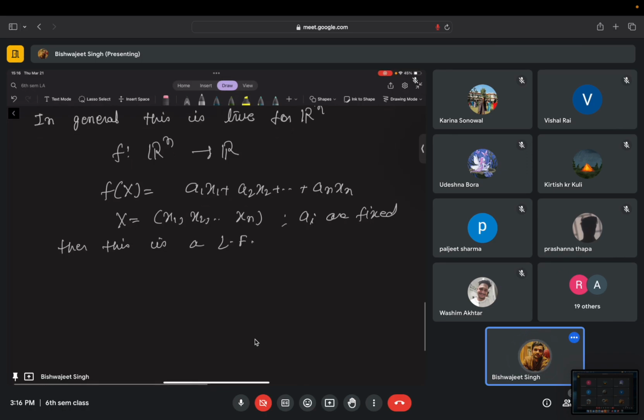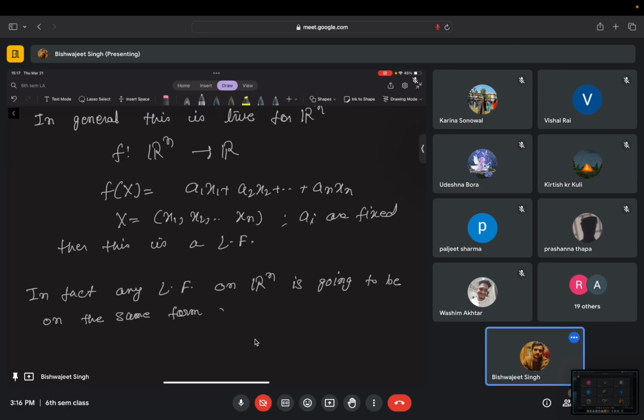Now actually we can go one more step, and we can claim that in fact any linear functional on Rn is going to be of the same form as above. So what do I mean by that? See, what is a linear functional?